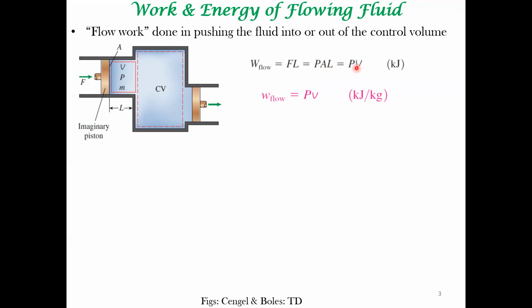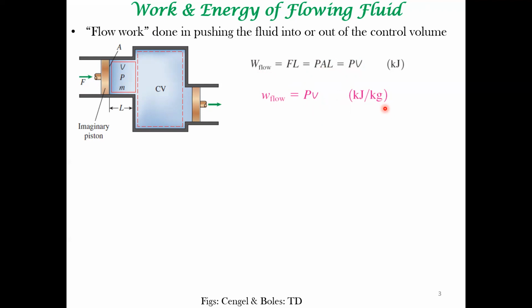If you look at what this means, this is pressure times a volumetric term. If you express this as specific flow work, that'll be in kilojoules per kilogram. So that is the expression for flow work.